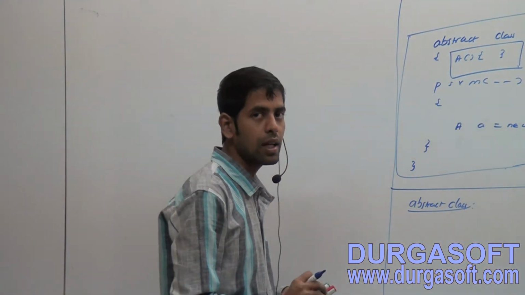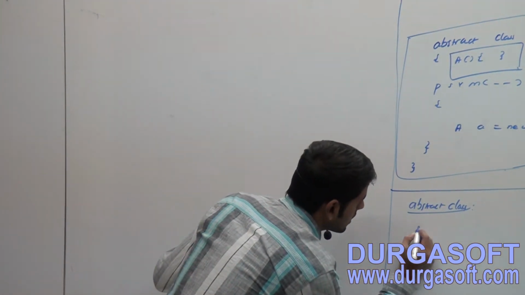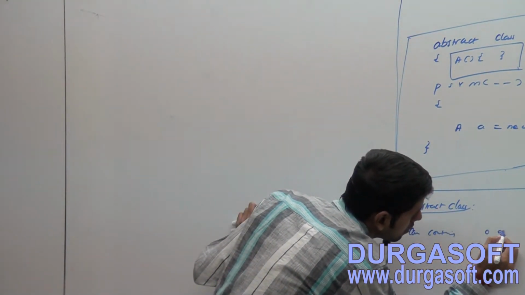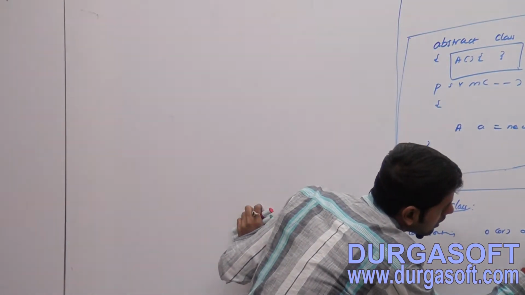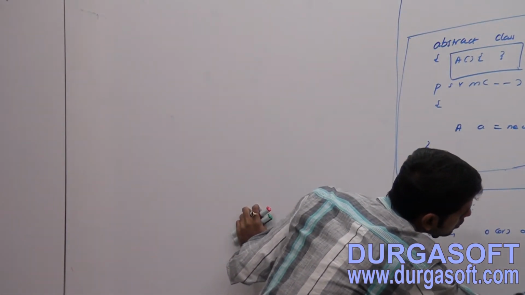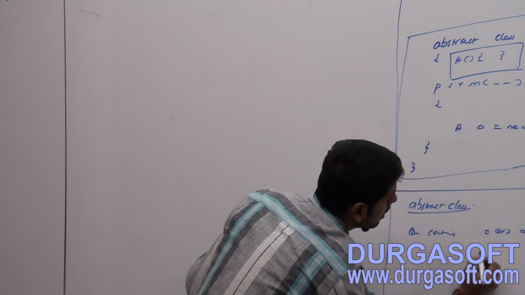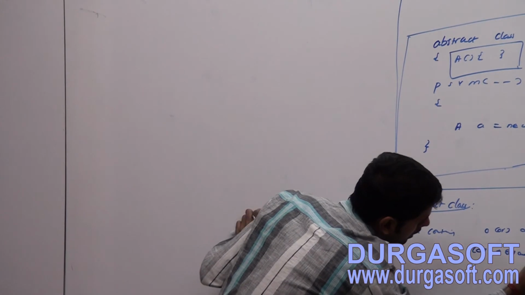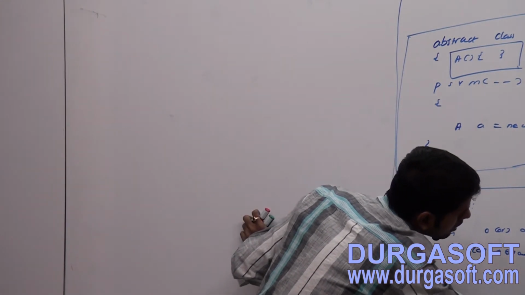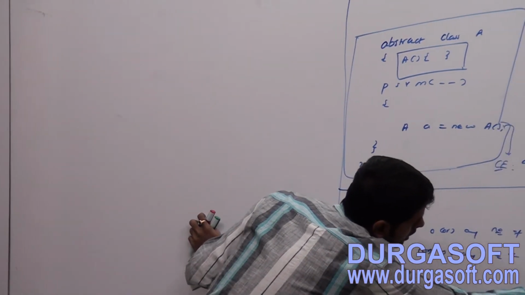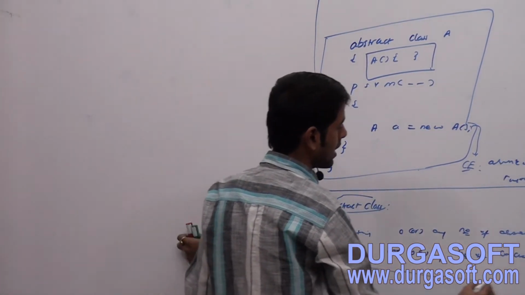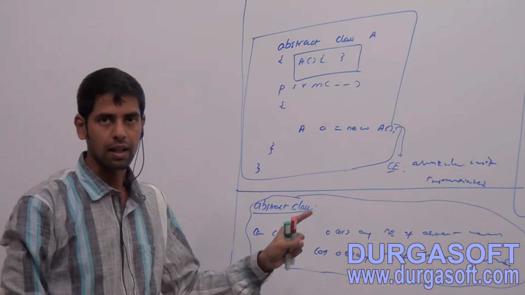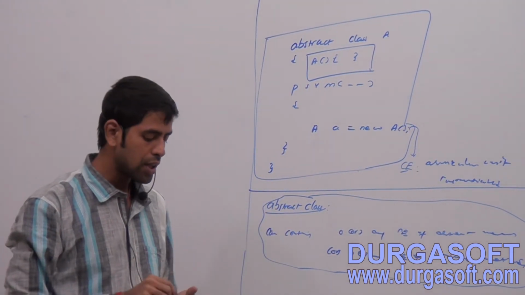Observe here, a class can contain 0 or any number of abstract methods, or the other one, 0 or any number of concrete methods. This is the exact definition for an abstract class. Now observe this part carefully.